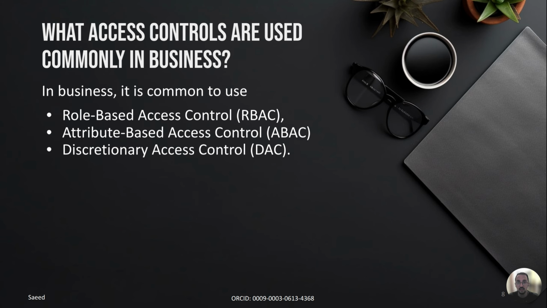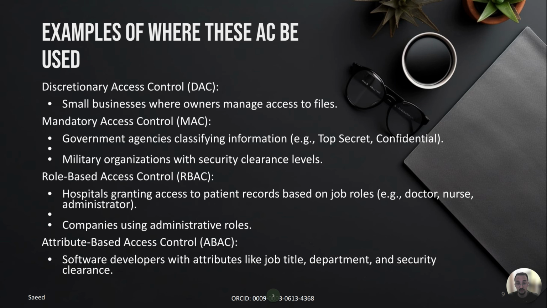Now, how are these access controls typically found within businesses? Role-based access control, attribute-based access control, and discretionary access control are the common ones you find within businesses. Discretionary access control is what small businesses may be using.